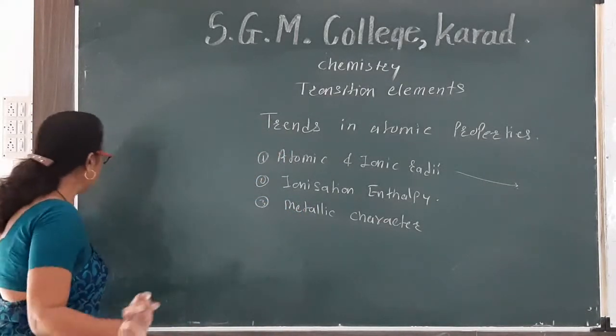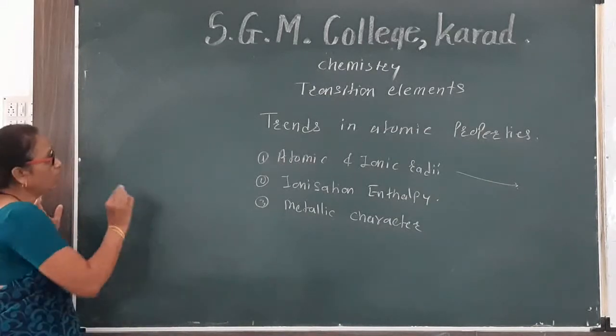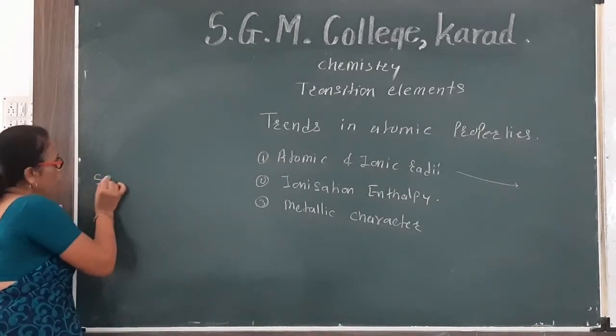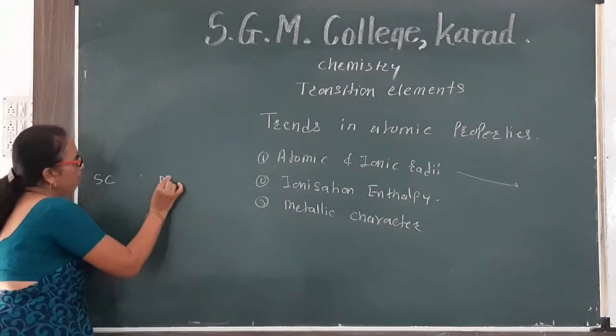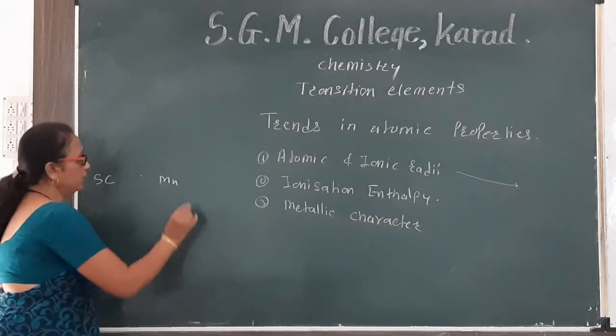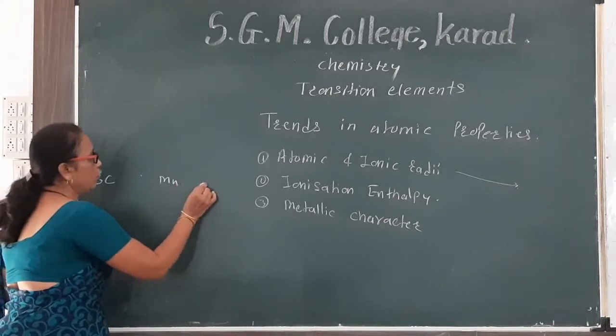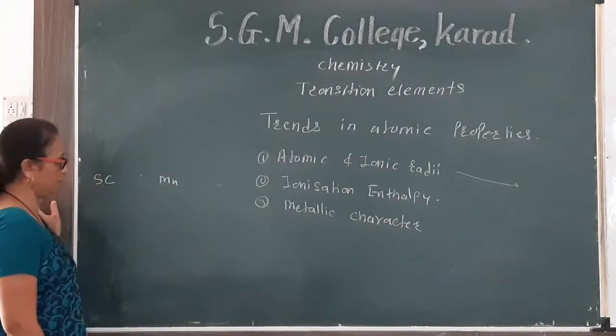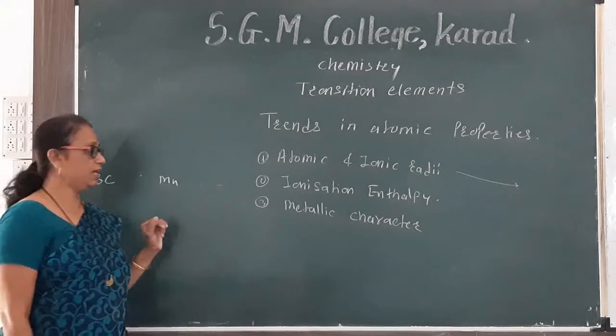In case of transition elements, consider the 3d series from scandium to manganese. The number of unpaired electrons increases and then decreases, as we have seen in the last lecture.